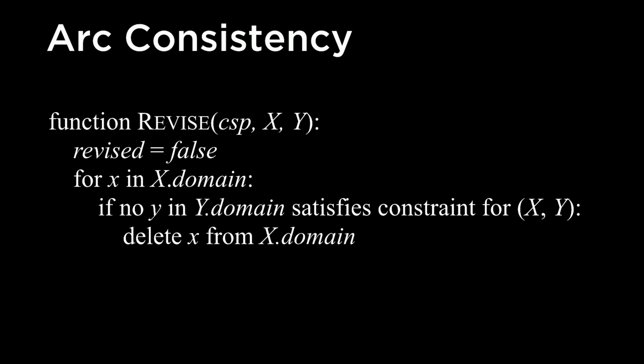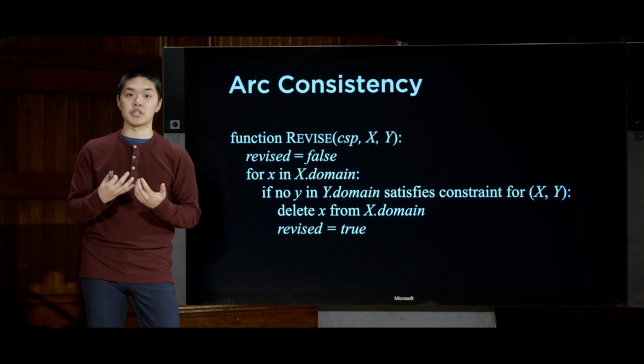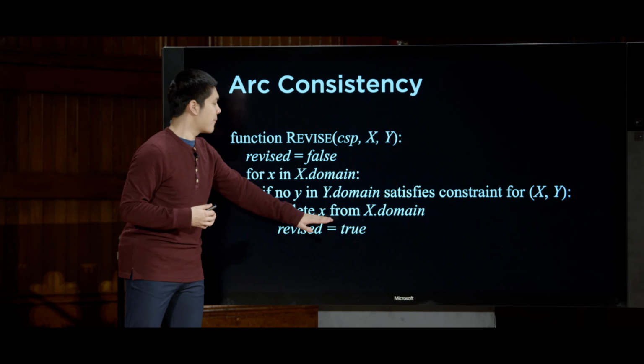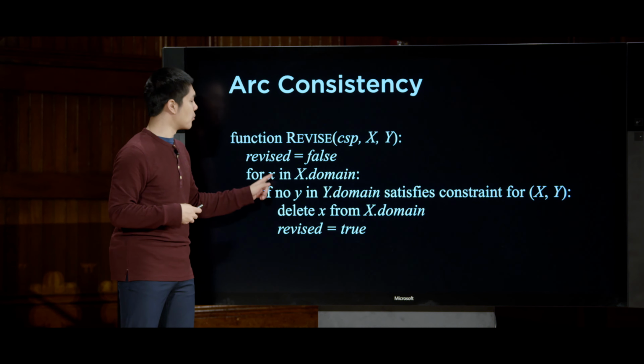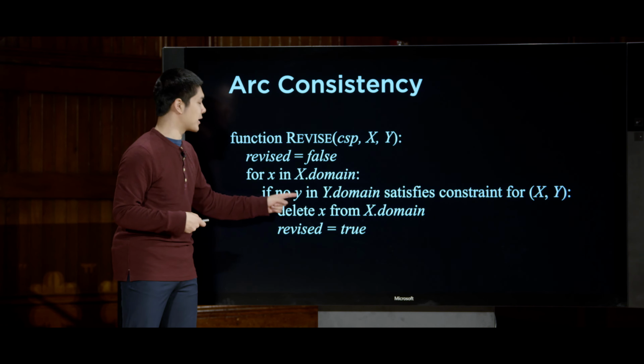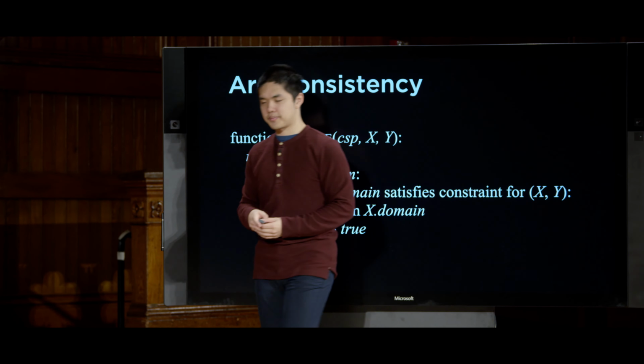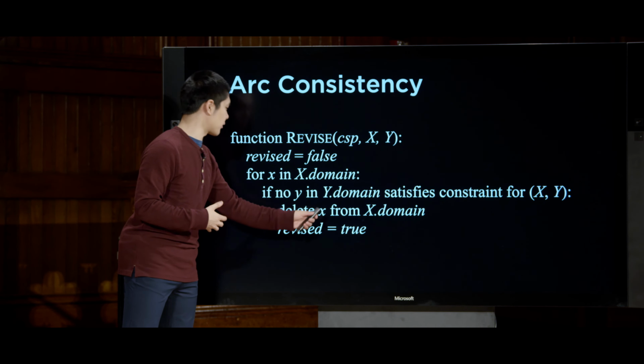So I'll delete x from x's domain, and I'll set revised equal to true, because I did change x's domain. I changed x's domain by removing little x, and I removed little x because it wasn't arc consistent. There was no way I could choose a value for y that would satisfy this xy constraint. So in this case, we'll set revised equal to true.